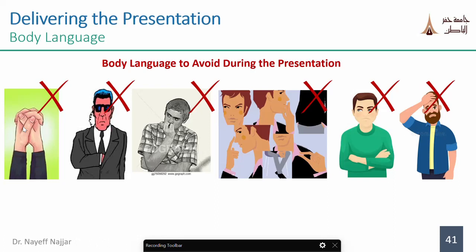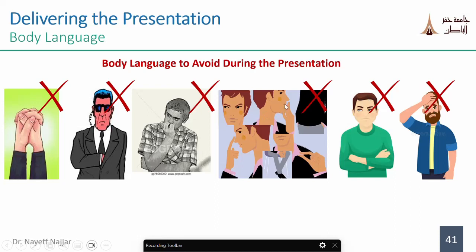You cannot intertwine your hands like this or bite your fingers. This one looks scared; it is clear that this person doesn't want to be asked and wants to protect himself from questions. This guy looks too worried.